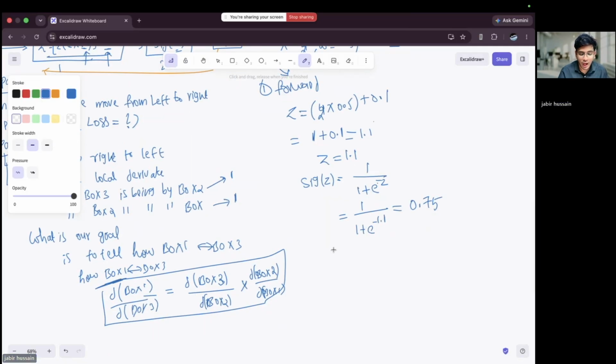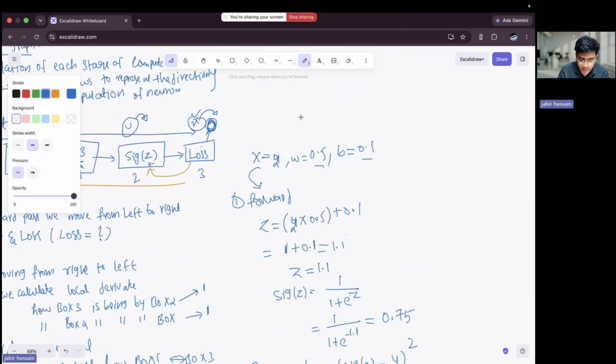Now this is the final step in my forward pass. So the value is A, which is sigmoid of z, minus my true answer, which is y, whole square. And I know here my true answer will always be 1.